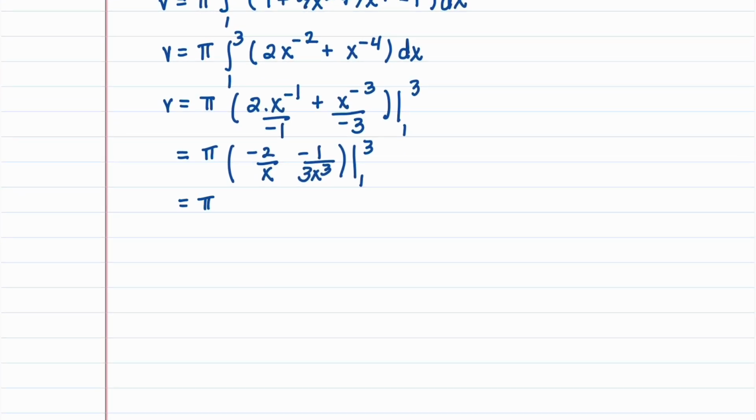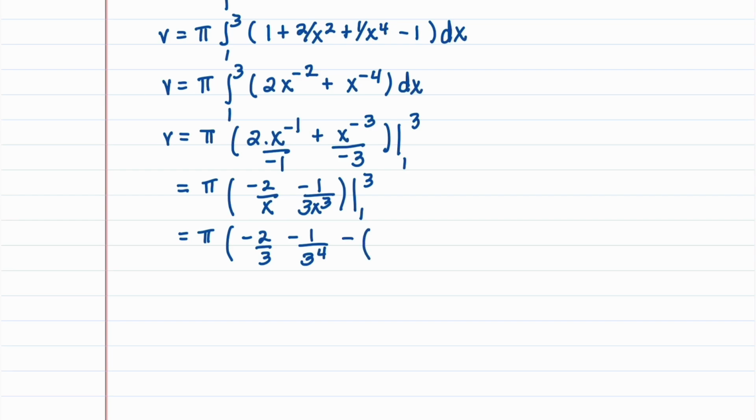Let's now substitute in that x is equal to 3. This gives us a minus 2/3 minus 1 all over 3 times 3 cubed, so this is just 3 to the 4th, minus, now we're going to let x be equal to 1, so this is a minus 2 minus 1/3. Let's simplify this and see what we get.